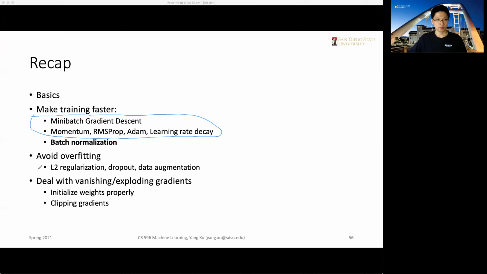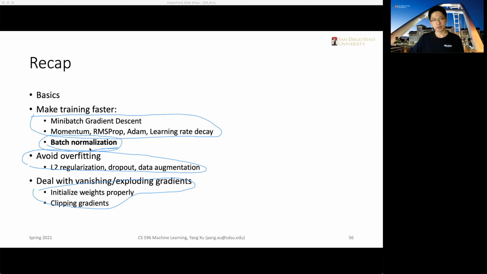Then we talked about regularization, with L2 and dropout. And then we talked about how to deal with vanishing and exploding gradients just a moment ago. So there's one topic left, which is batch normalization.